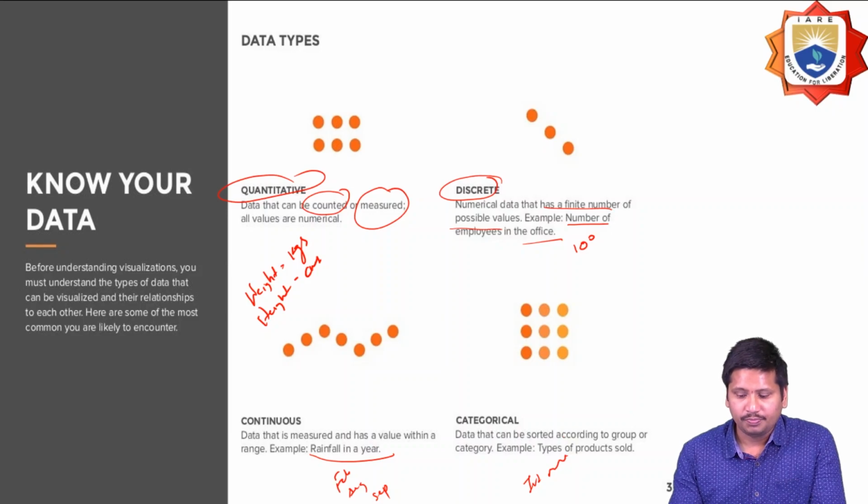The next one is categorical. Categorical means the data can be sorted according to a group or category, like the types of products sold.